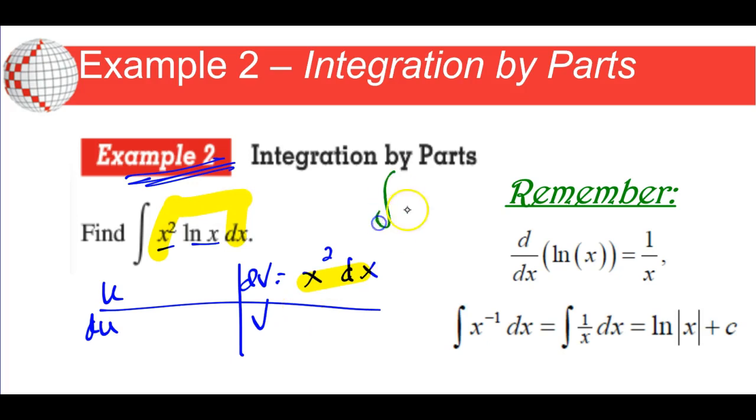And if I integrate x squared dx, then I get 1/3 x cubed, because remember, when you integrate, you increase the exponent, and when you take the derivative, you decrease. So I'm going to be taking the derivative over here, but I don't have to decrease because that's just the derivative of the ln of x, which we know is 1 over x.